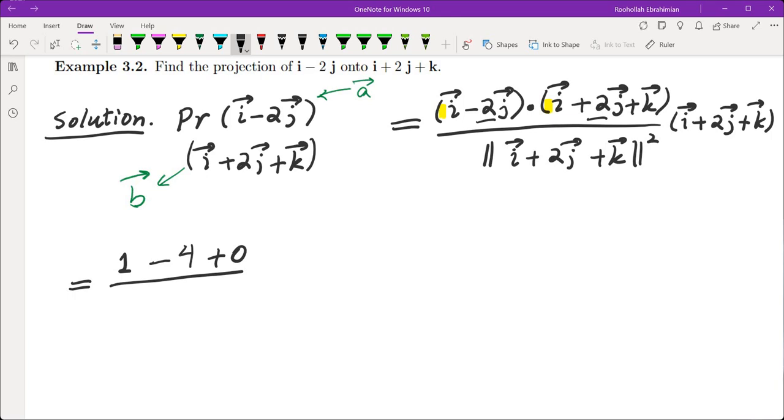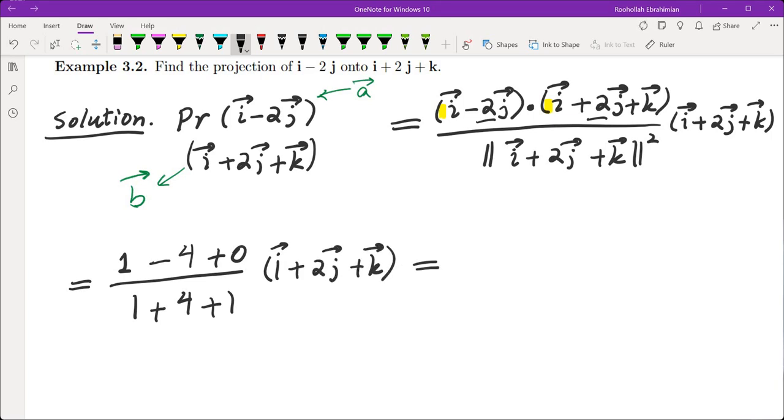At the bottom, the magnitude of a vector is the square root of a squared plus b squared plus c squared, where a, b, c are the coordinates. So this would be 1 plus 4 plus 1, and then we multiply that by i plus 2j plus k.